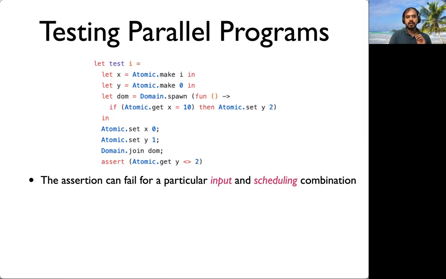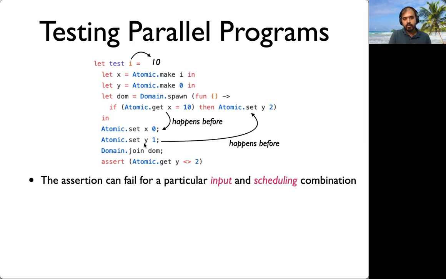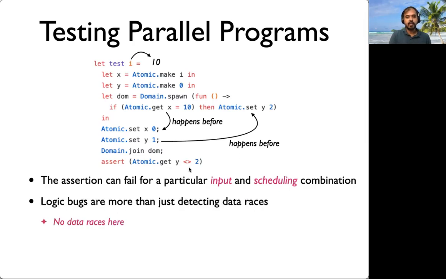In particular, if the input value to this function is 10, and the newly spawned domain happens to read the value of x before it is written by the parent domain, but the write to y in the parent domain happens before the write to y in the newly spawned domain, then the final value of y will be 2, and this will falsify this assertion, right?